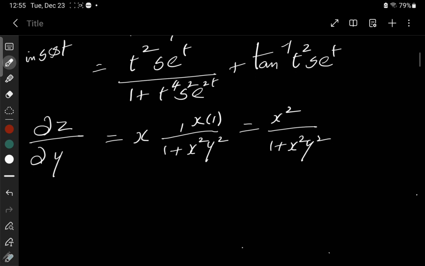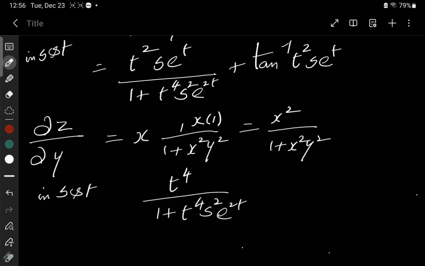In s and t, x squared is t power 4, divided by 1 plus t power 4 s squared e power 2t. This is your answer.